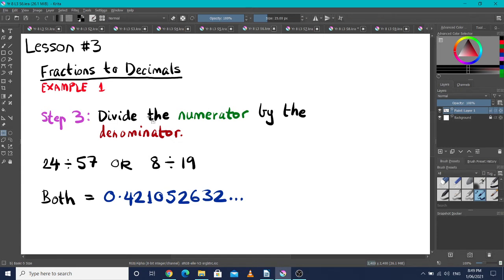Step 3, dividing the numerator by the denominator. 24 divided by 57 or 8 divided by 19 gives us 0.42105262. This is the number likely given to you by your calculator, and it looks overcomplicated, so we are going to round this to 2 decimal places.